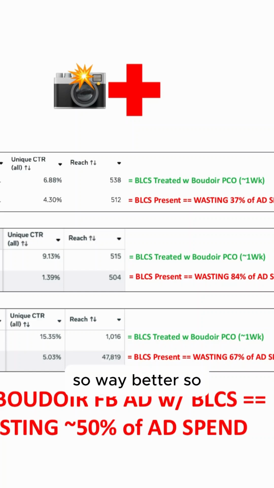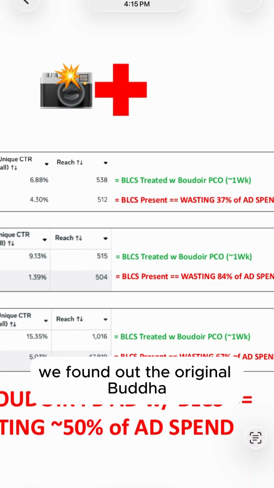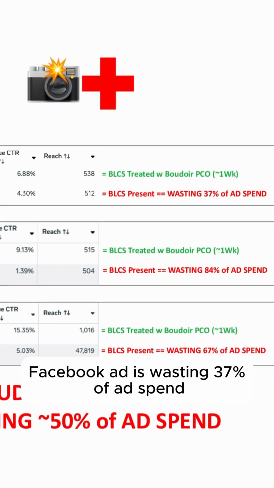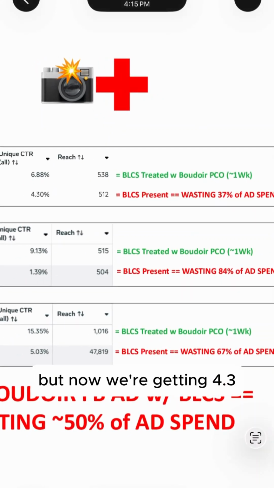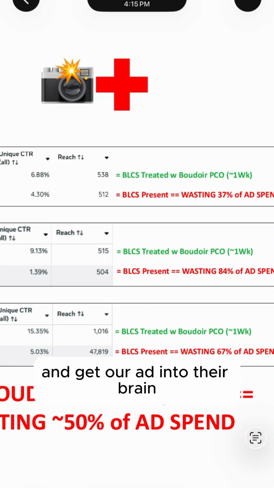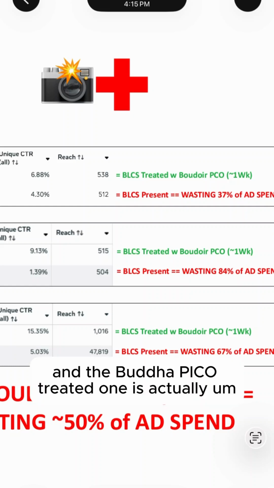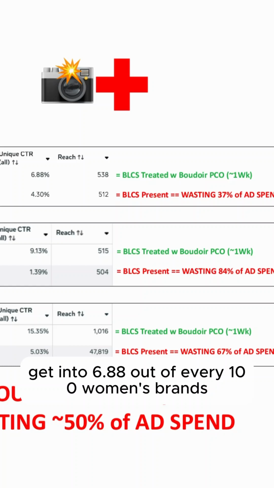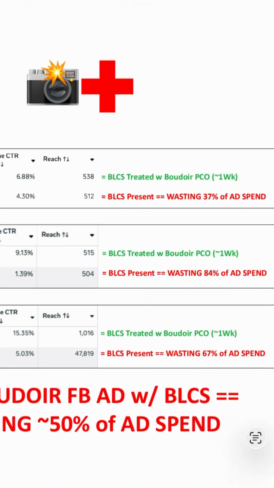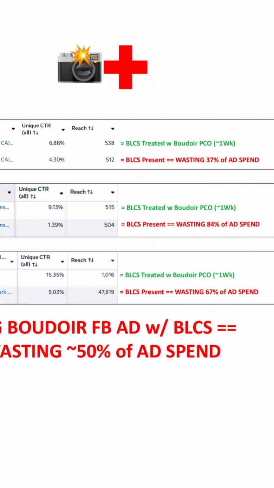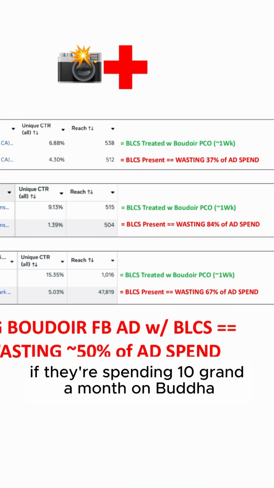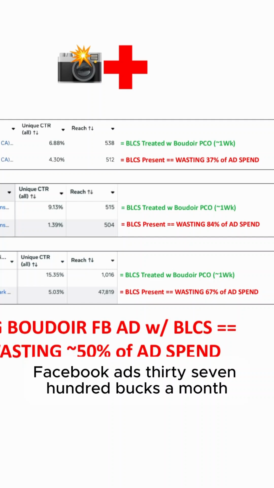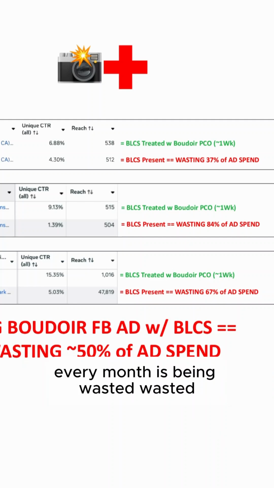So way better. We found out the original Boudoir Facebook ad is wasting 37% of ad spend by only getting 4.3 out of 100 women to click somewhere on it and get our ad into their brain. And the Boudoir Pico treated one is actually getting into 6.88 out of every 100 women's brains. So if they're spending 10 grand a month on Boudoir Facebook ads, 3,700 bucks a month, every month is being wasted, wasted, wasted.